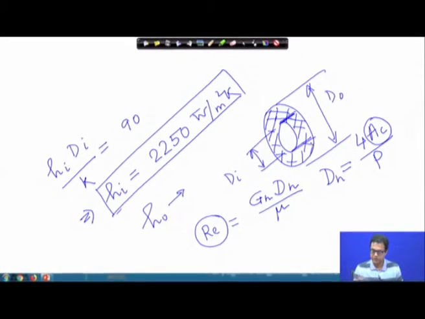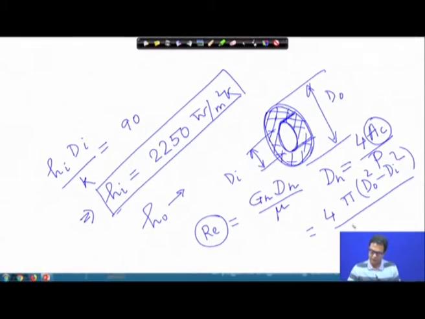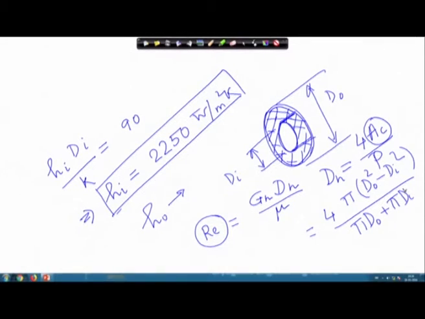So, this is 4 into pi by 4 (d_0 square minus d_i square) divided by the wetted perimeter, which is pi d_0 plus pi d_i. The 4 will cancel out, and the pi gets cancelled.